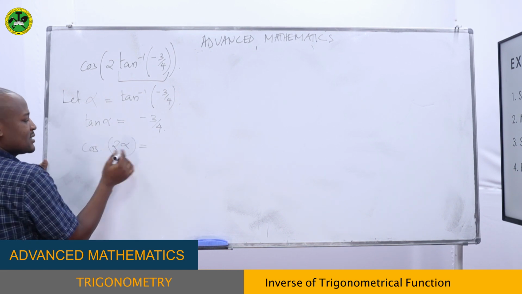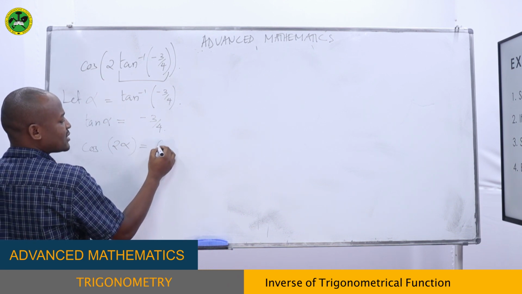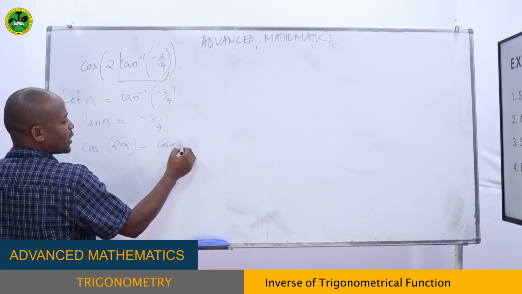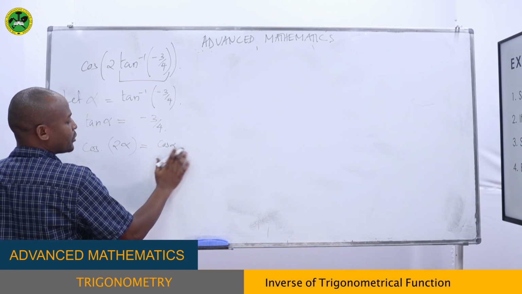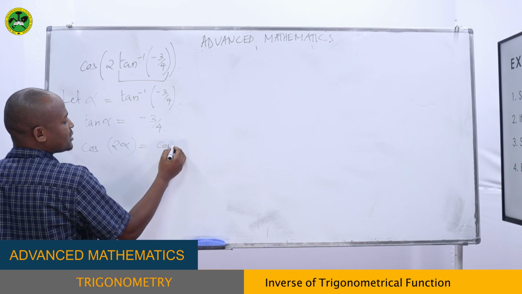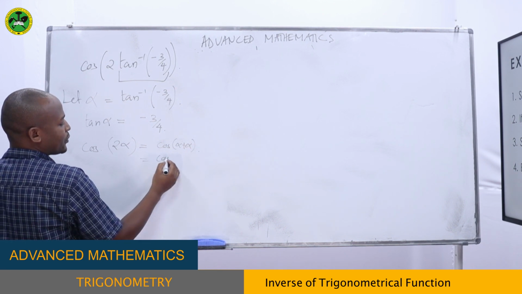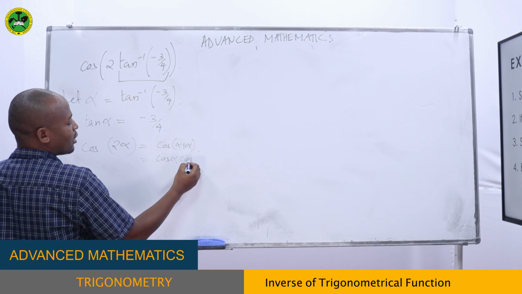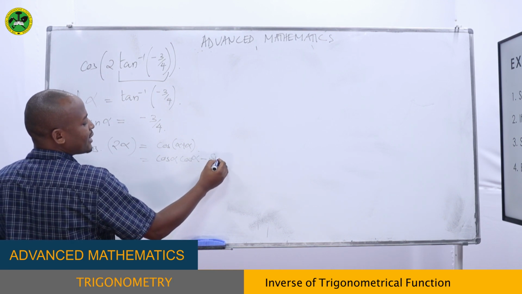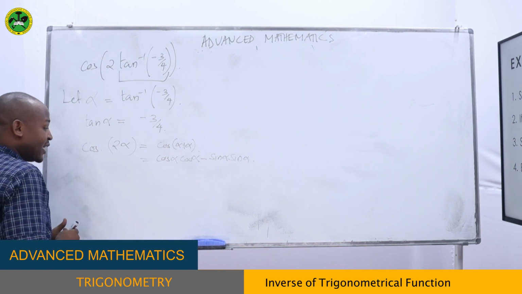We know, by the formulas, that cos of 2 alpha is cos of alpha plus alpha, which equals cos alpha cos alpha minus sin alpha sin alpha.